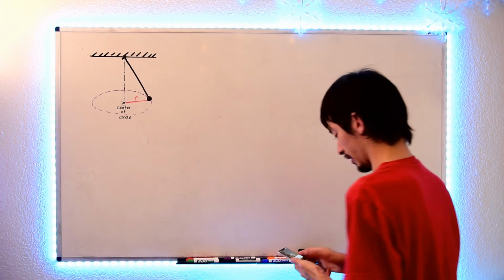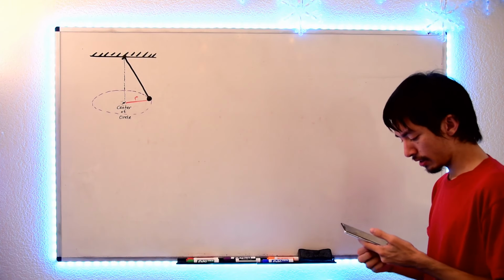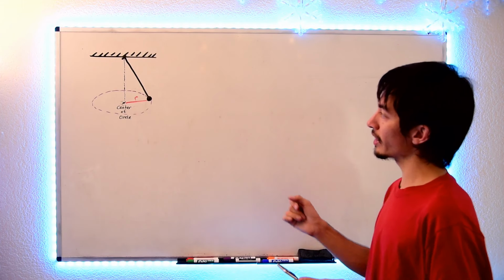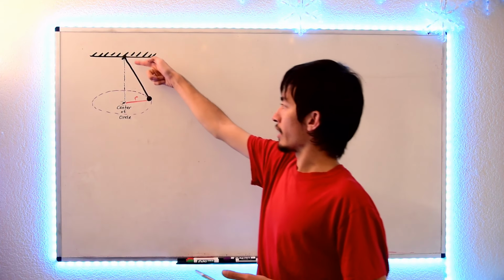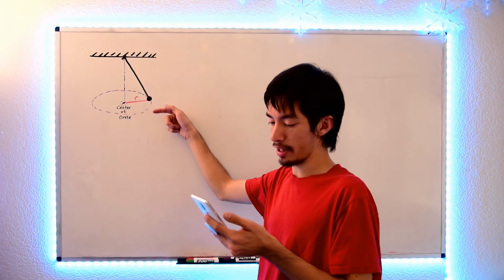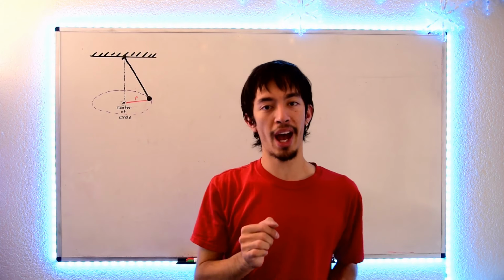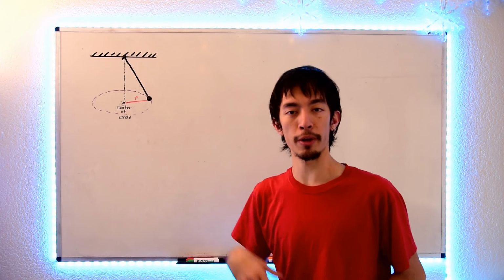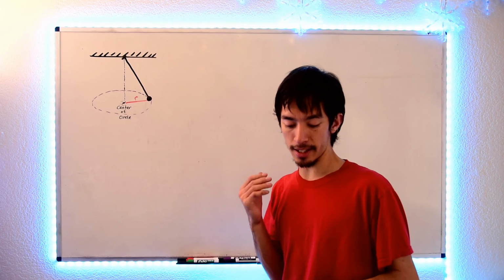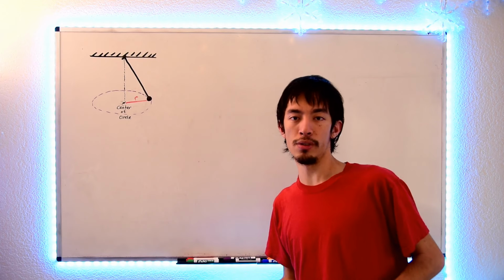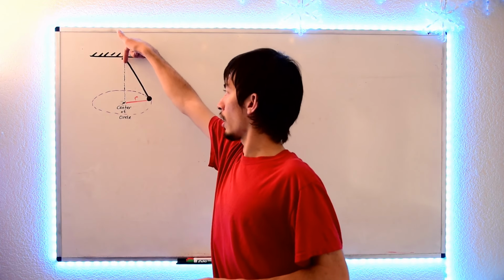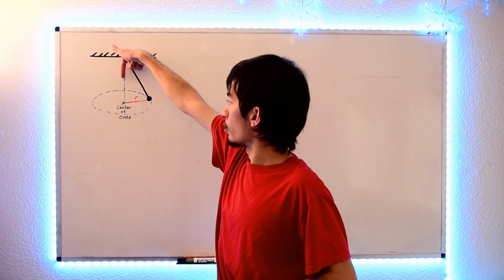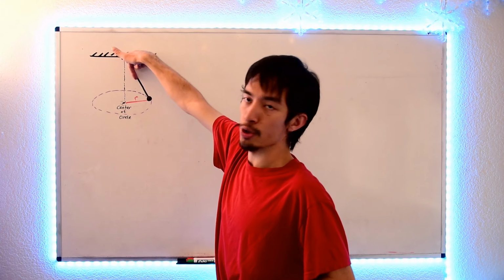Now, we're given that the angle that this makes with the vertical is 17 degrees. Anytime you have an angle given and they say with respect to this or from this line, in this case 17 degrees from the vertical, what you'll want to do is look along the vertical line first and then the angle from that vertical line to, let's say, the string in this case.